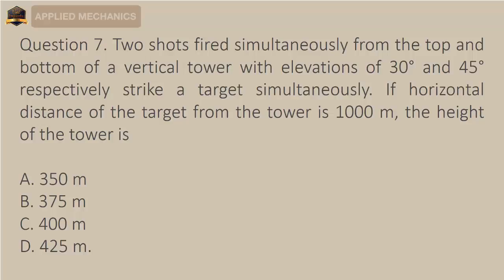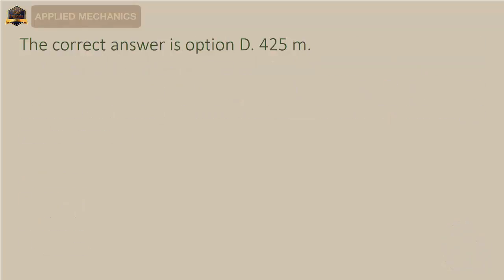If horizontal distance of the target from the tower is 1,000 meters, the height of the tower is A. 350 meters, B. 375 meters, C. 400 meters, D. 425 meters. The correct answer is option D, 425 m.